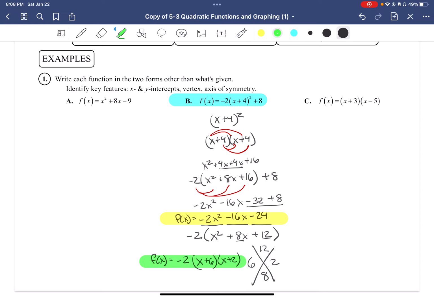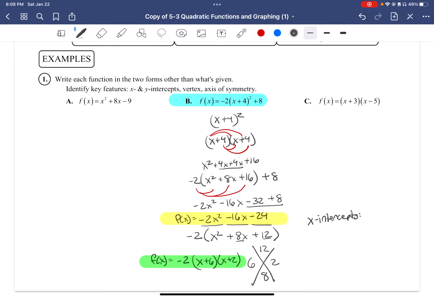All right, so now that we have all three forms, we can find our key features. I'm not going to scroll back up to the chart because I hate scrolling back and forth, but let's start with intercept form. In intercept form, we can find our x-intercepts.